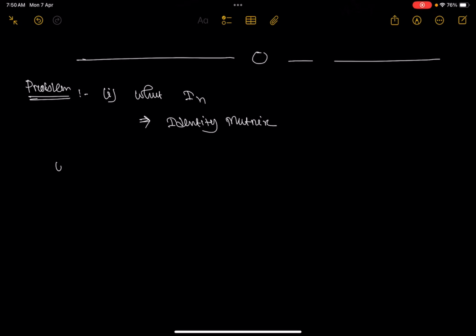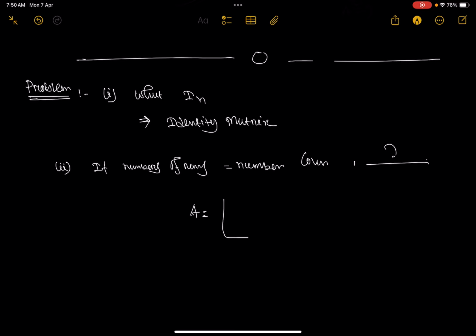Second problem: if the number of rows equals the number of columns, then this matrix is said to be what type of matrix?